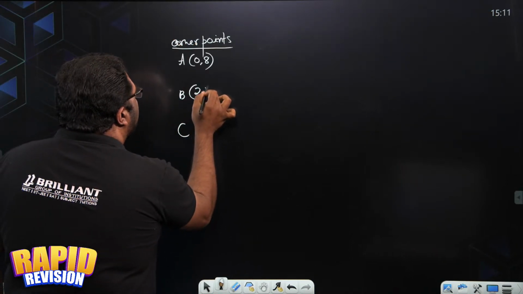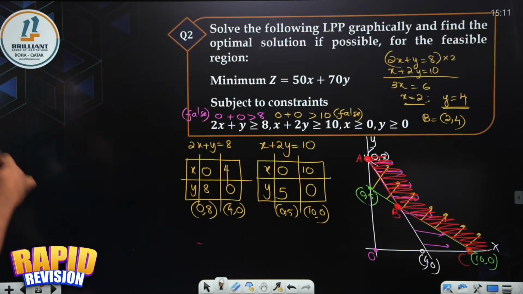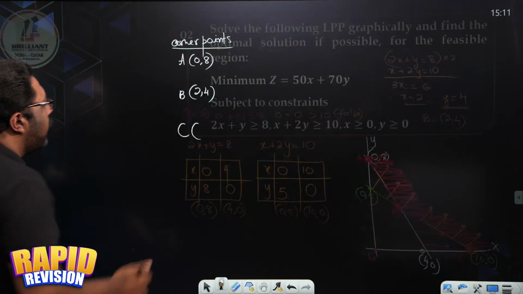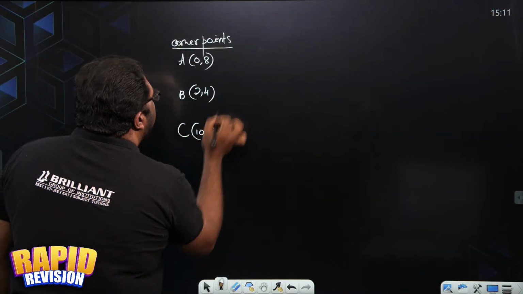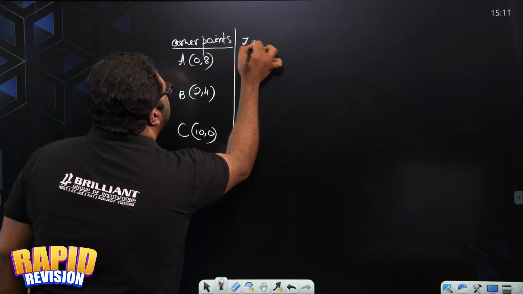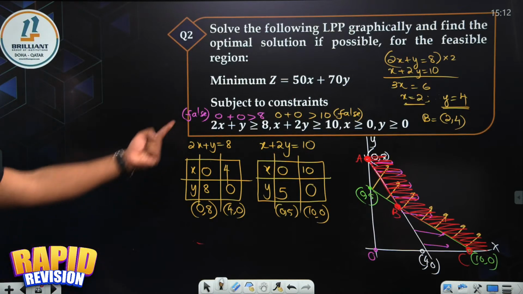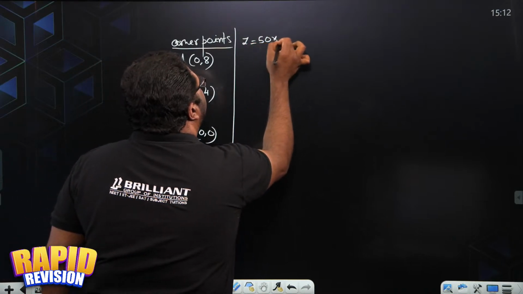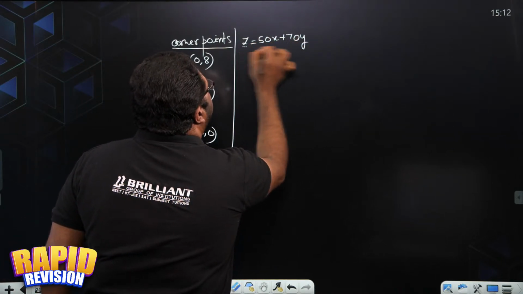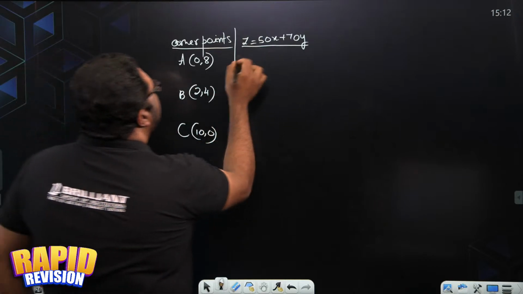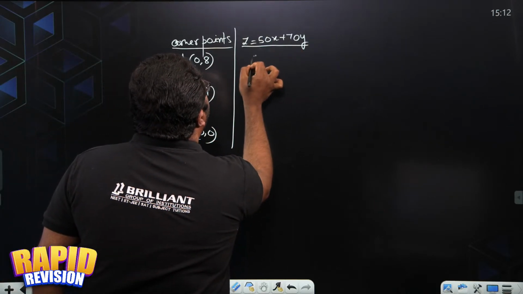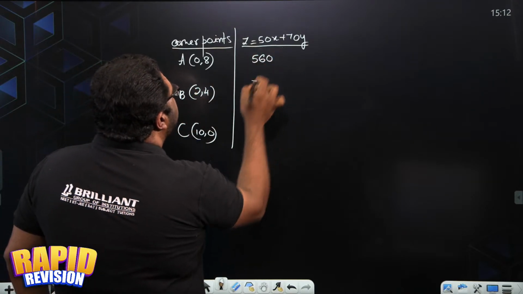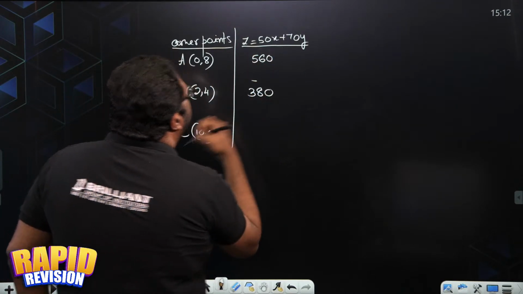And the third corner point C is 10, 0. We substitute these in the objective function z, 50x plus 70y. For A, the answer is 560. Then for B, 100 plus 280, which is 380.